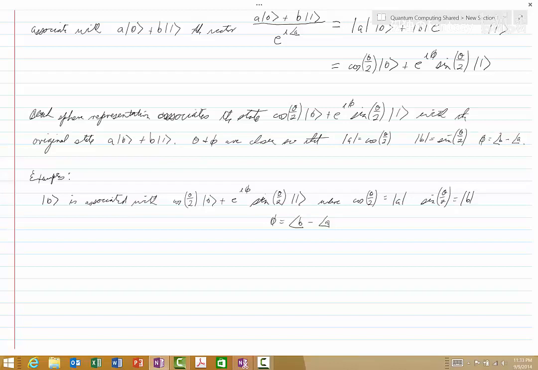Now, remember, the assumption is that our original state is written as A0 plus B1.